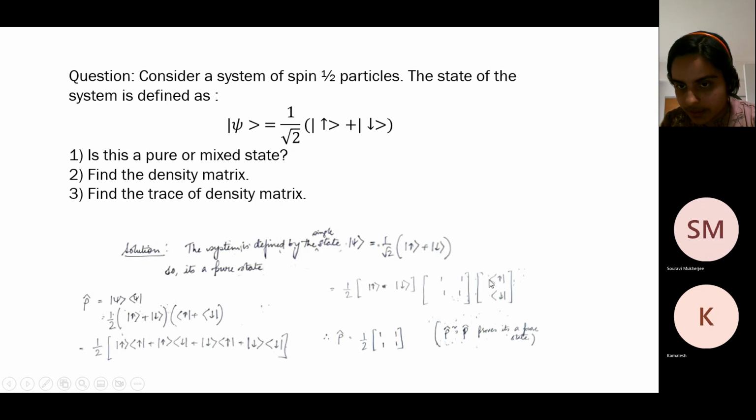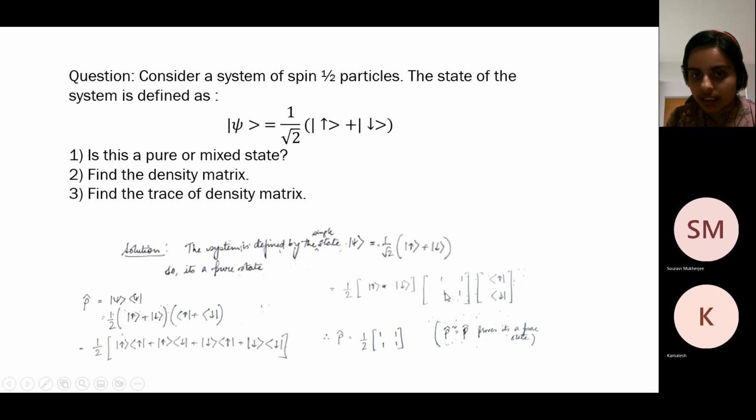When you multiply this by this, you'll get up plus down, and then here you'll get up plus down, and then you'll again multiply by the one that you have here. So what you get is this expansion. In the last question, you don't have these terms, you only have this, right? So if this is the state, the cross terms, the up-down and down-up terms, should go to 0, right?